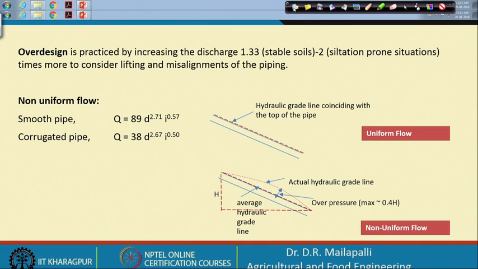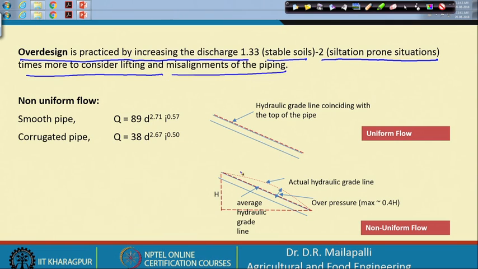Okay. And here, over design is practiced to increase the discharge by 1.33 for stable soils and 2 times for siltation prone situations, considering the lifting and misalignment of the piping. So, you got the designed diameter of the pipe, right.